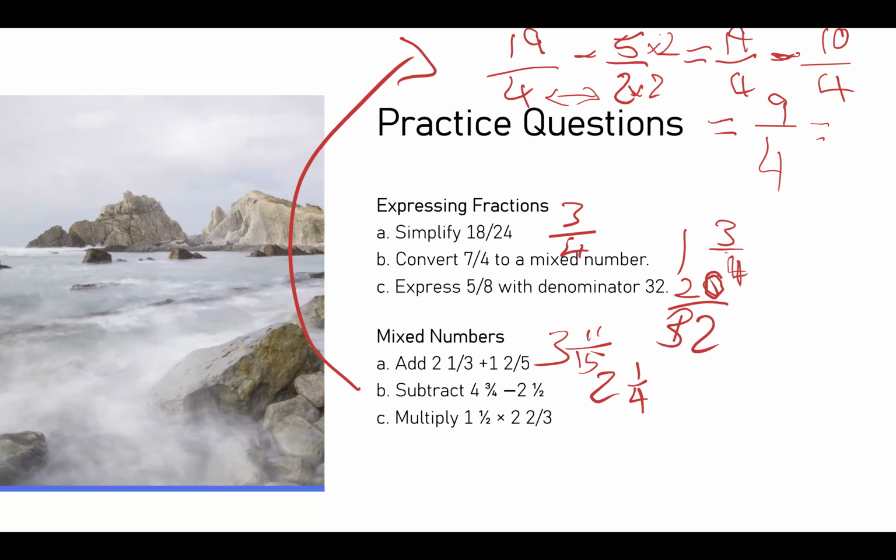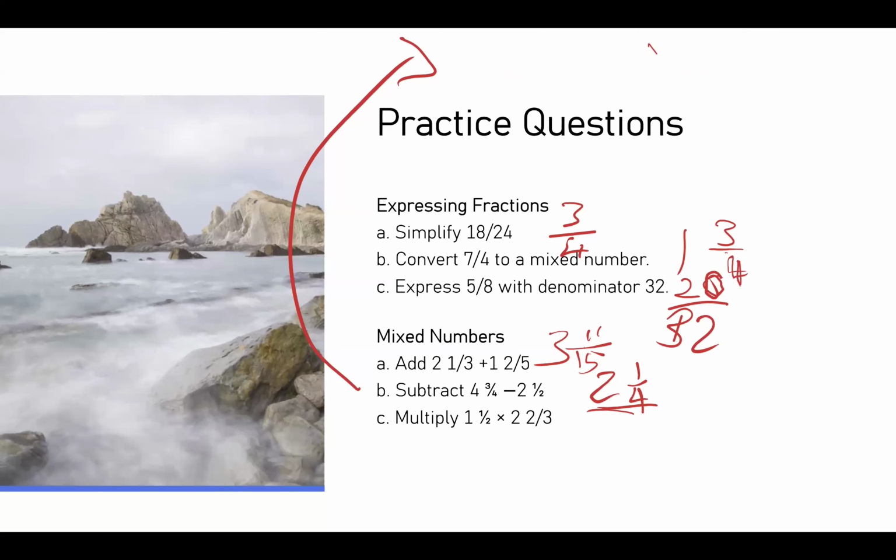But for the last one, this would be 2 1/4. So this is still right. This is fine. The last one, let's do the last one as the mixed one. So what we would do is again 2 times 1, which is 2, add 1, 3/2, divided by 2 times 3, which is 6, add 2, which is 8/3.